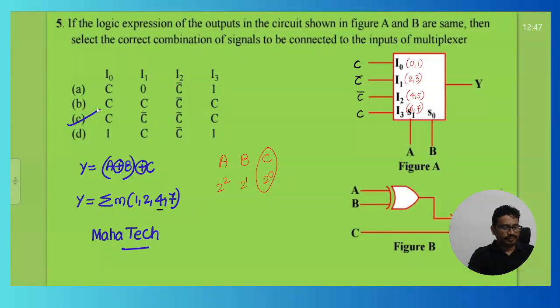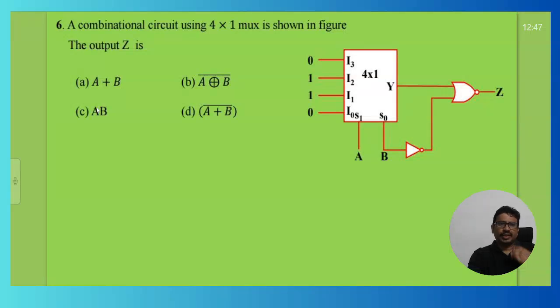Done. Next one. A combinational circuit using 4x1 mux is shown in figure. The output is, right. So you can tell me this output now Z. So first of all, Z is equal to what, you tell me?